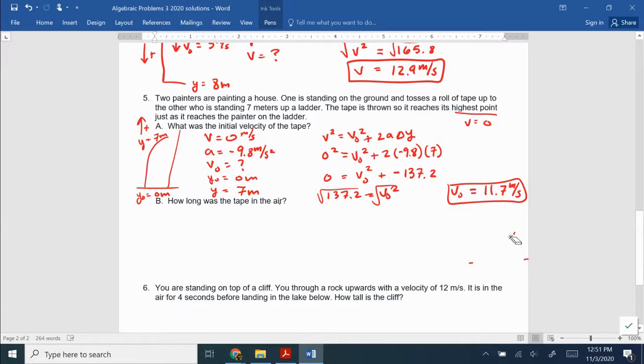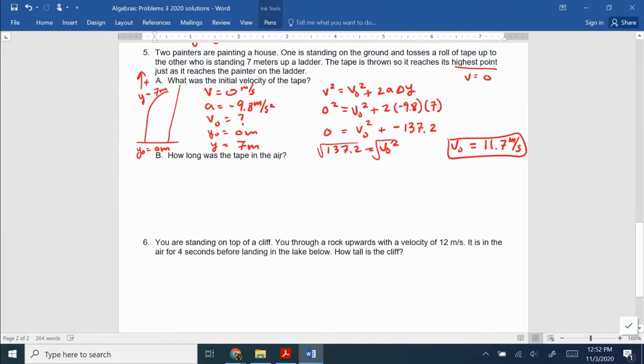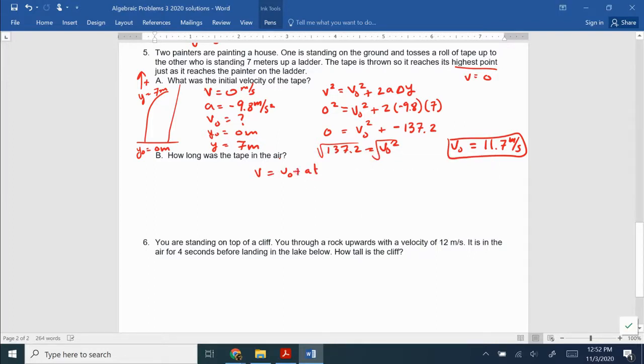All right, next up, how long was it in the air for? Pretty much we know all the same information as well as the initial velocity. Probably the easiest thing here is to just use the John equation or the Paul equation. So final velocity is 0. The initial velocity was 11.7.